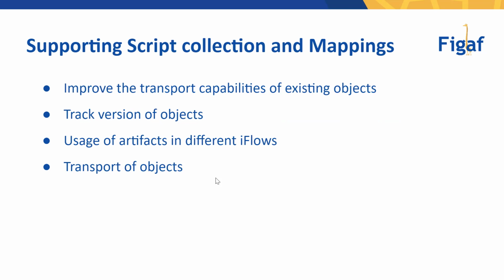I talked a little about this here: we now support script objects, and with that we synchronize and keep versions of them, and transport them the same way. And I think one of the key aspects of this is, after SAP made script collections globally accessible, we now have an option to search for these different artifacts and show which iFlows are using a specific artifact.